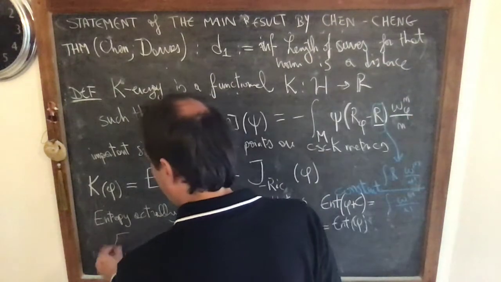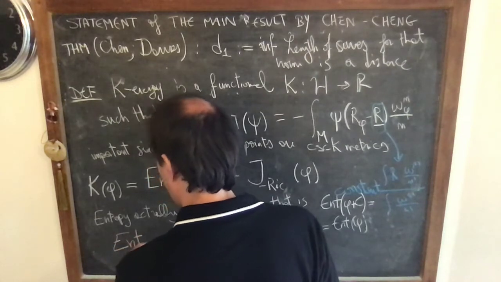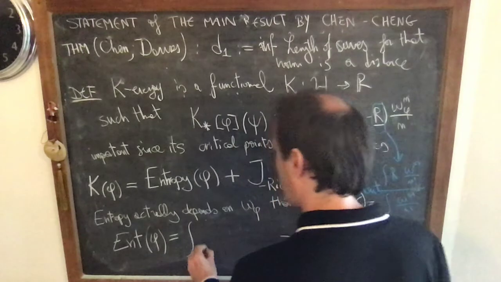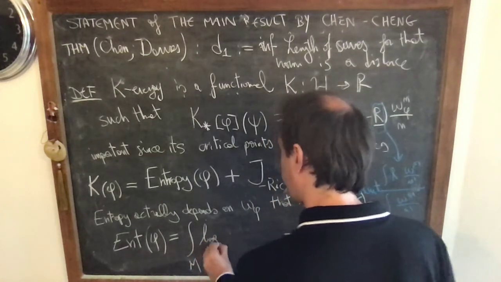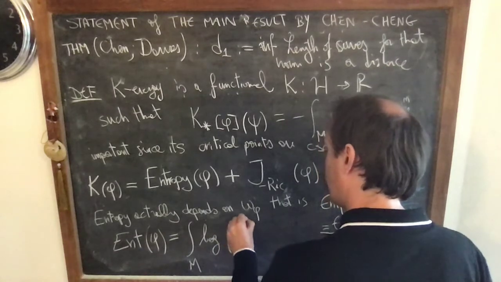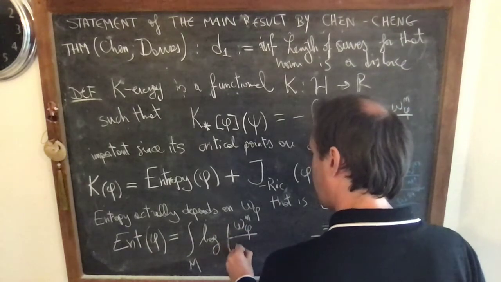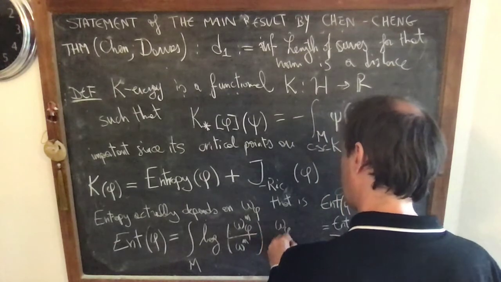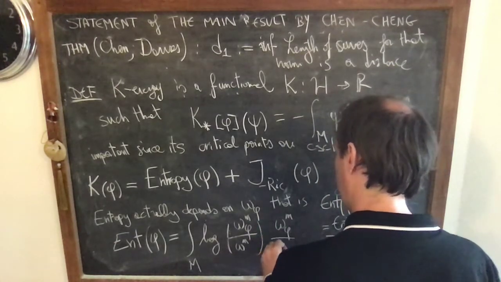Its definition is: the entropy of phi is the integral over M of the logarithm of the ratio omega phi to the n over omega n, integrated with respect to the volume form of omega phi.